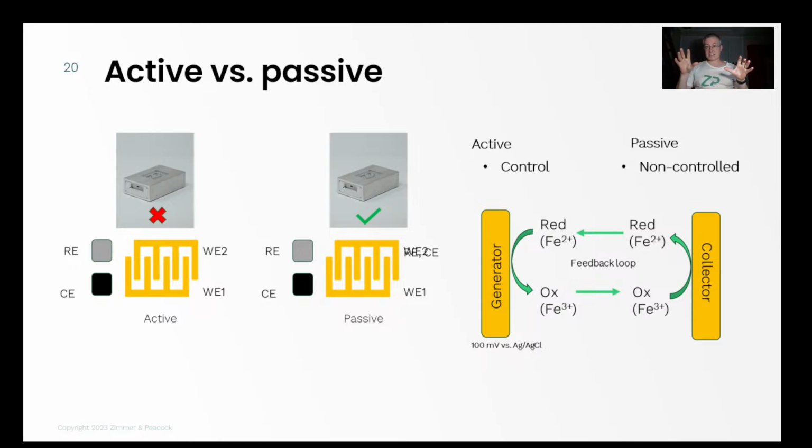So it's passive, but it would work as a generator collector, because, let me make up the solution in my head now, if you had sort of 5 millimolar ferrocyanide in there, you would end up generating ferricyanide.